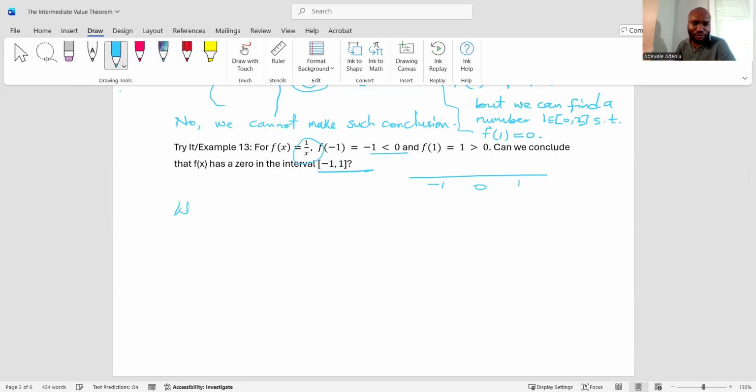So we observe, what do we observe? We observe that f of 0 is undefined. That is, f of x is not continuous on [-1, 1].